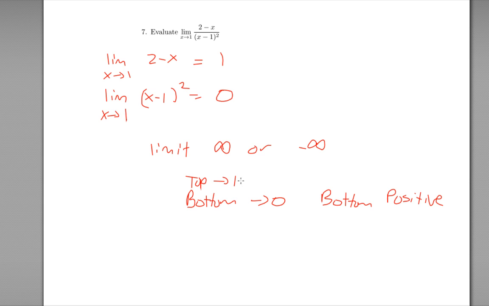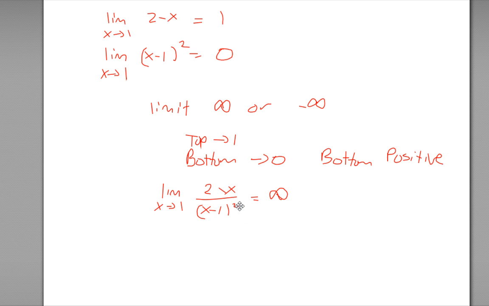And the top is always positive as well. So because the top is positive and the bottom is positive, the limit as x goes to 1 from the left and from the right of 2 minus x over x minus 1 squared is equal to positive infinity, no matter which way you take it.